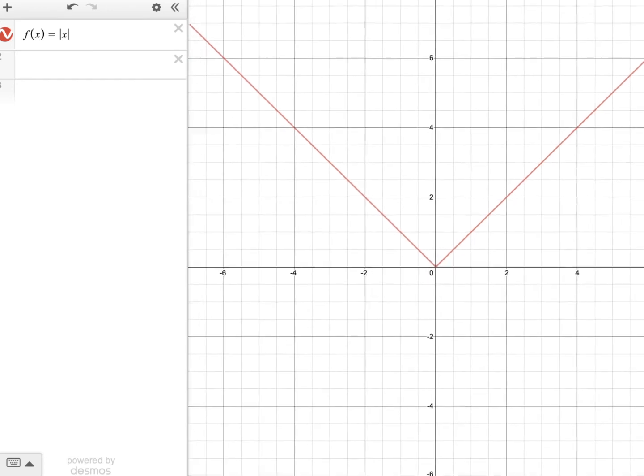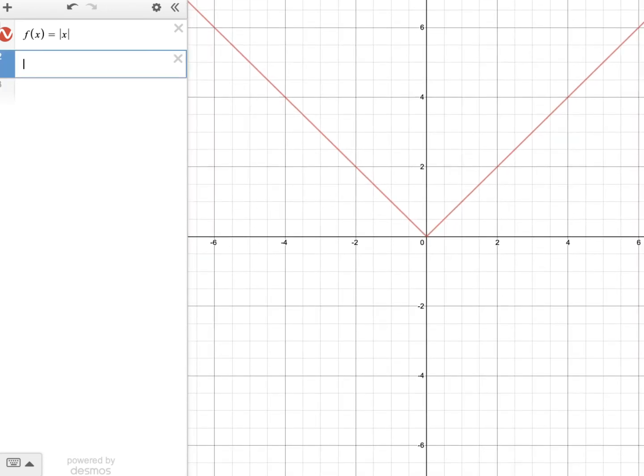Let's pull this down so we can see a good chunk of it. Now on Desmos, as long as you call this f of x or g of x or whatever, you can put in f prime of x, and it'll draw the derivative for you. Notice it doesn't tell you if it doesn't draw the open circles there, but it gives you the derivative.